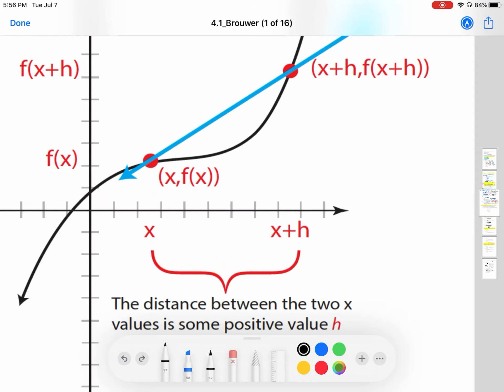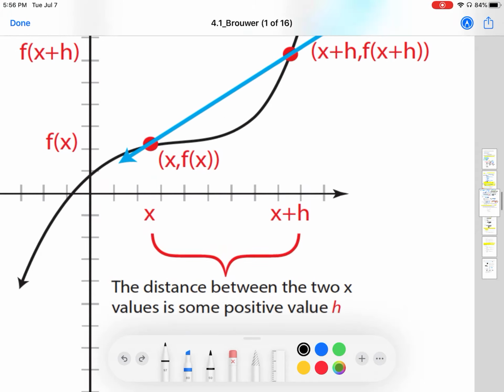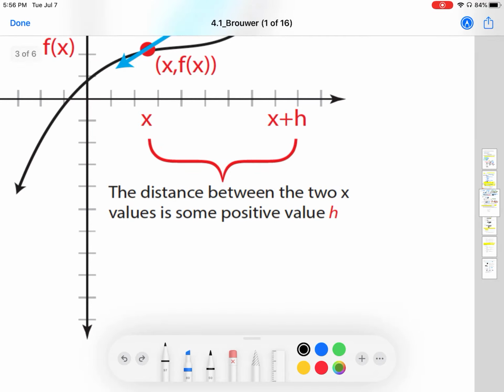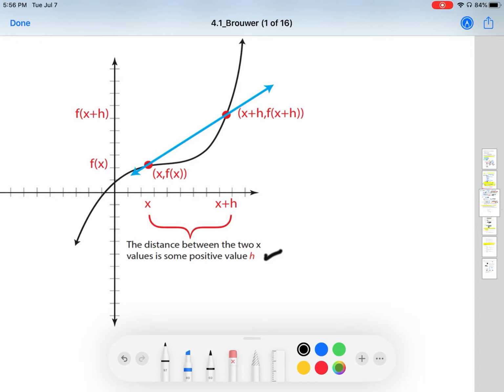So our difference quotient is finding the distance between these two x values at some value h. We're saying that this can be for any arbitrary h that's more than this point, so it goes from one point to the other.